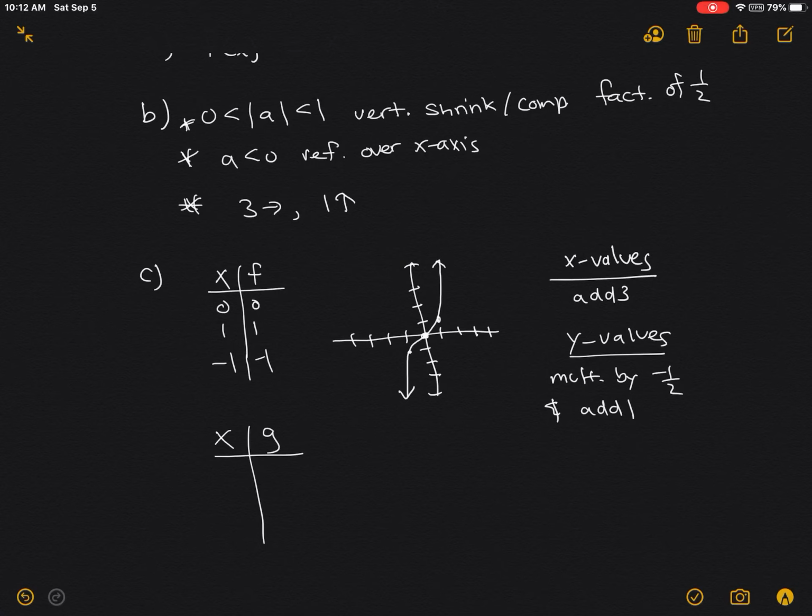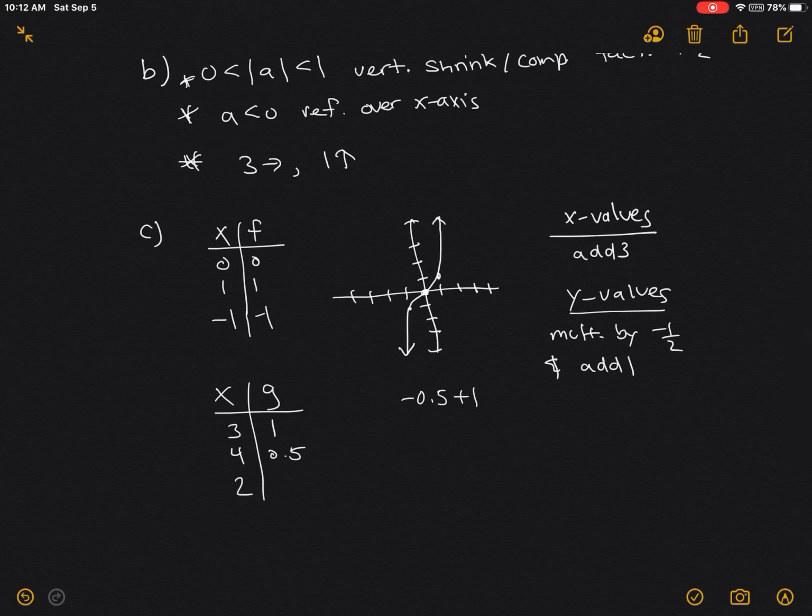Here's x, here's g. X values, if I add 3, I'm going to get 3, 4, and 2. And y values, if I multiply 0 by negative 1/2, I'm just going to get 0. And if I add 1, I get 1. 1 times negative 1/2 is just negative 1/2, or negative 0.5. Add 1 is 0.5.